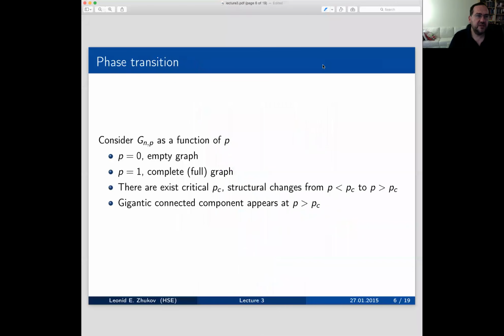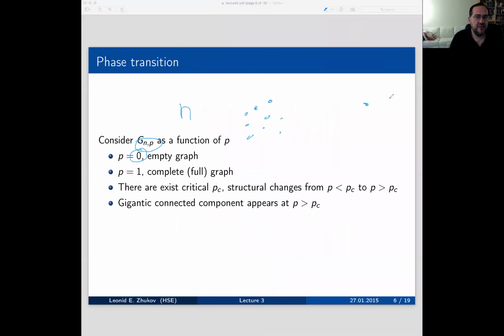So let's think about this. When we're looking at G(N, P) as a function of two parameters, N and P, let's for a second fix N. So let's say we have 10 nodes, 100 nodes, or whatever number of nodes. When P is equal to 0, they are just separate nodes.